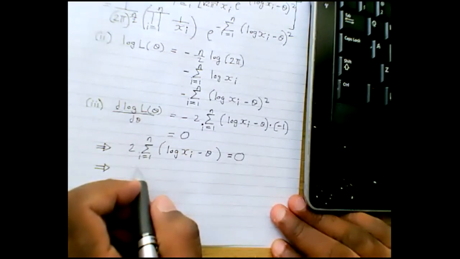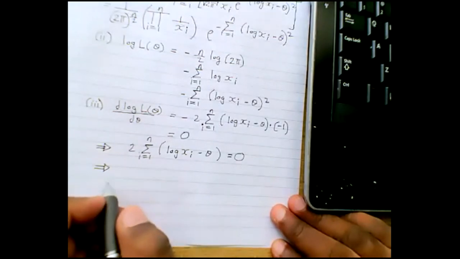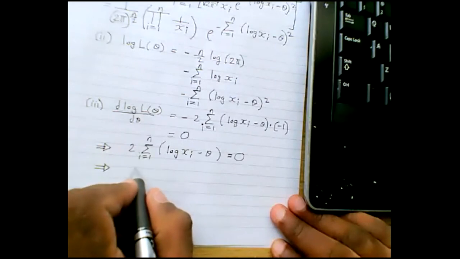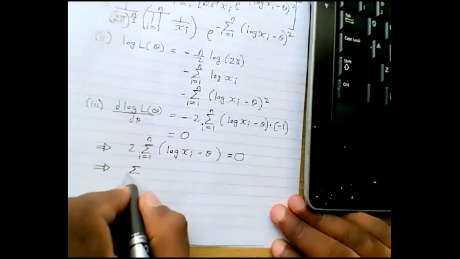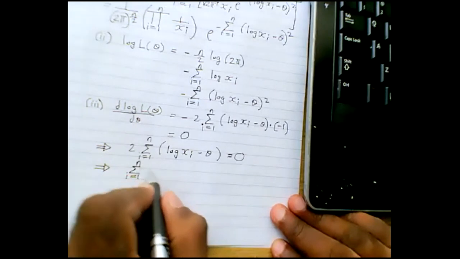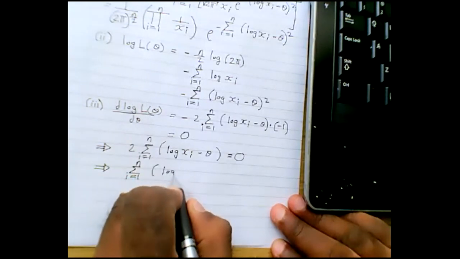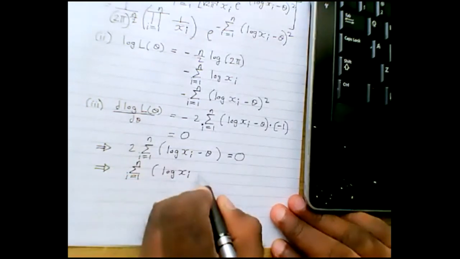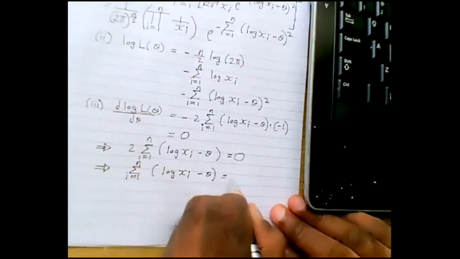Yeah, you could put the -1 in front. Yes, you are right, Mikhail. So this implies that the sum of log of xi minus theta is 0.